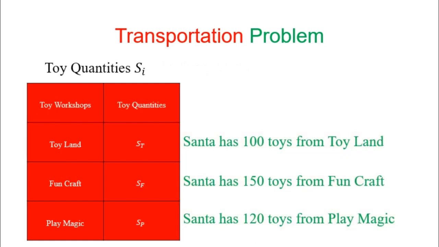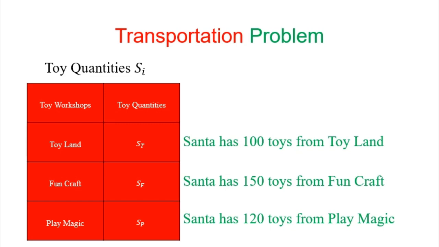Now, the second matrix that we are seeing on this slide is the quantity matrix. If you can see over here, the first column is of the workshops, that is Toyland, Funcraft and Play Magic. And the second column depicts the supplies that are obtained from these respective workshops.